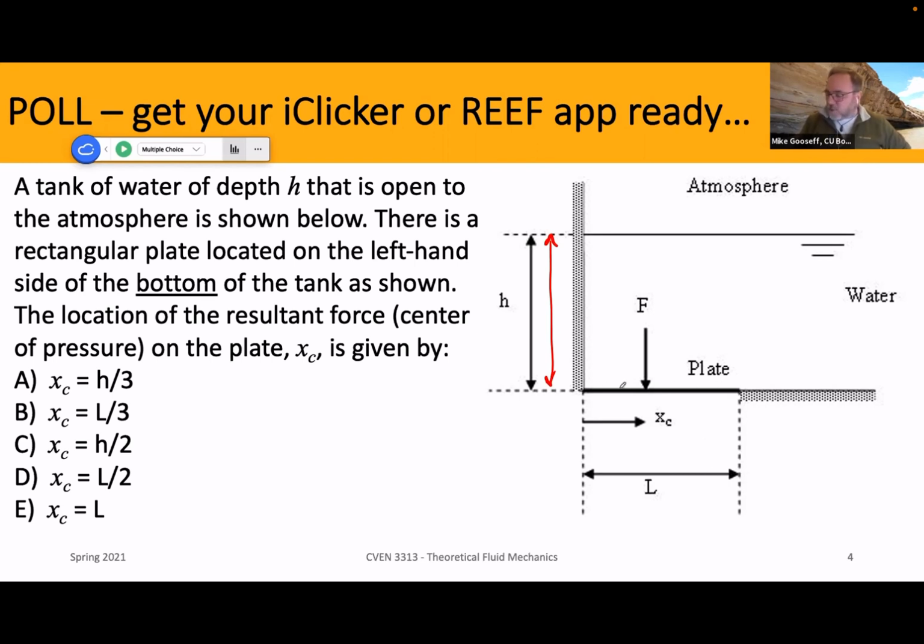The plate is horizontal, all right? So go ahead and I'll give you guys a minute to think about that one. A, B, C, D, or E? Is the location of the center of pressure a function of L or a function of H is essentially what this comes down to.